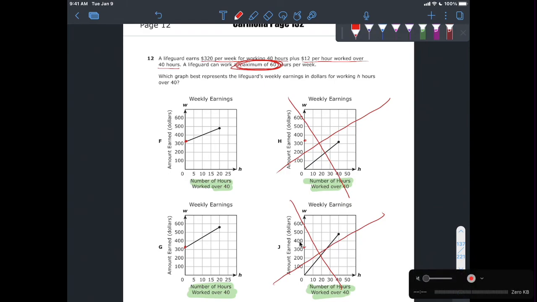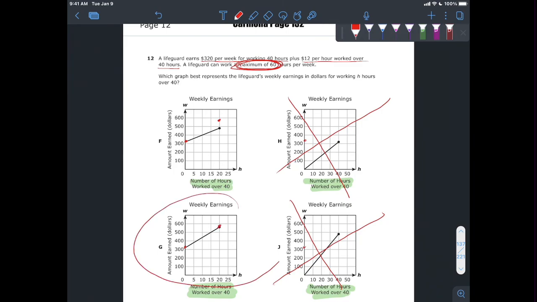Now I figure out that I work $12 per hour. So if I worked an extra 20 hours, that would be $240. So I should go up all the way up to $560. So only answer choice G makes sense. Next one.